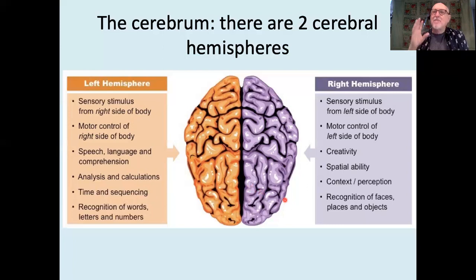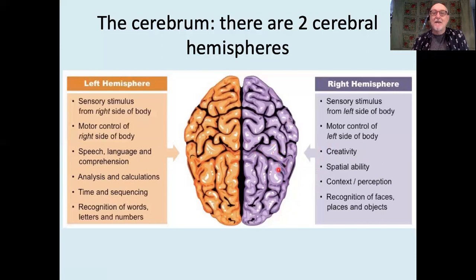I'm very reluctant to make too much of it, because in fact there is a tremendous amount of sharing between the hemispheres, but traditionally it's supposed to be associated with creativity, with spatial ability, that is, sportsmen, those who have good eye sense, this is where it lies.